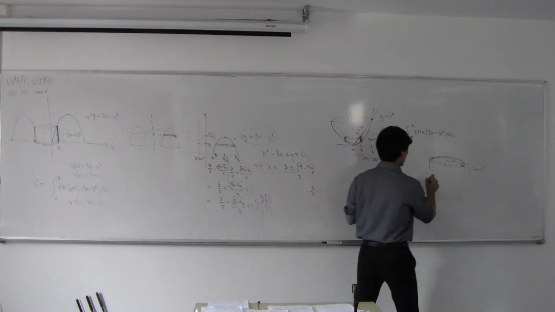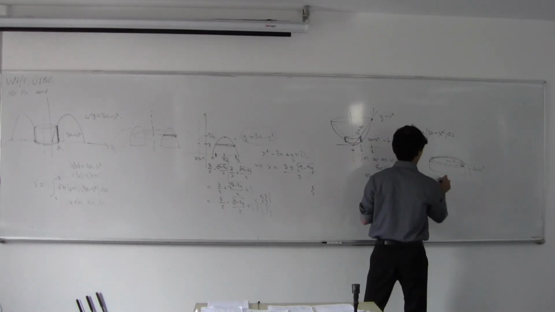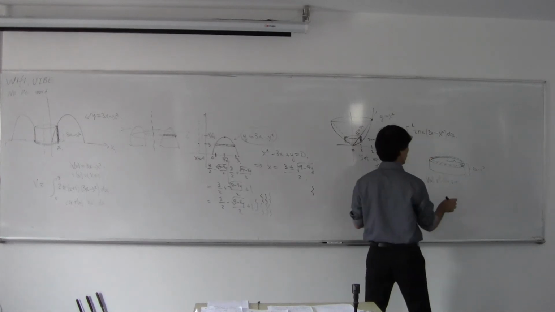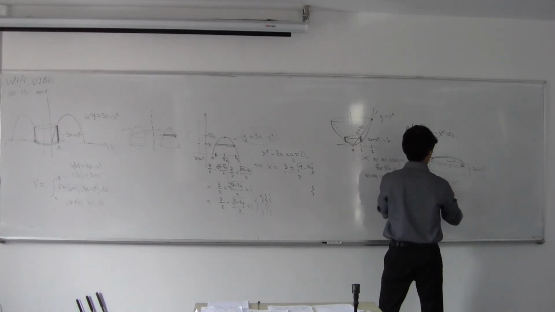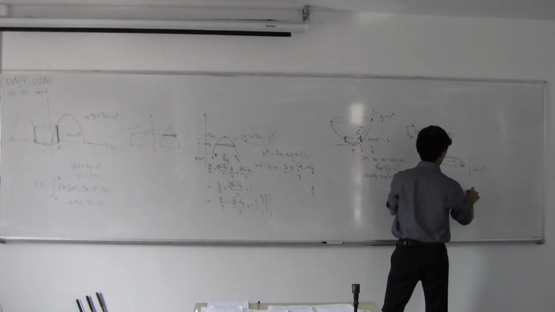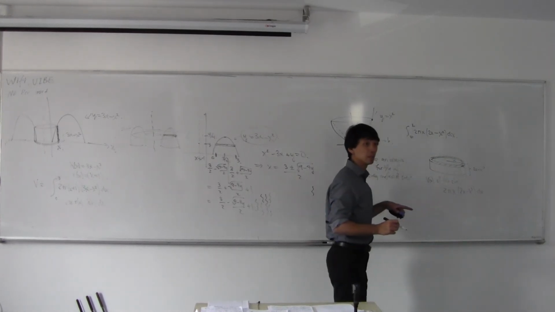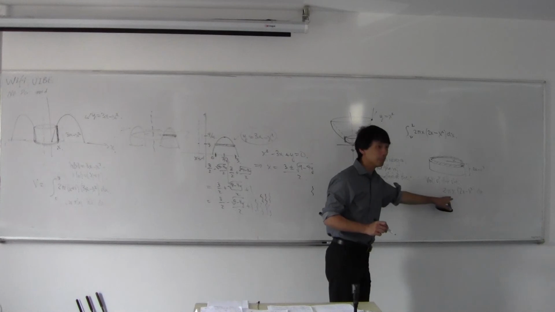So the volume of this shell is going to be 2 pi x, 2 pi times the radius times the height, times dx. Does that make sense to you? Yeah.